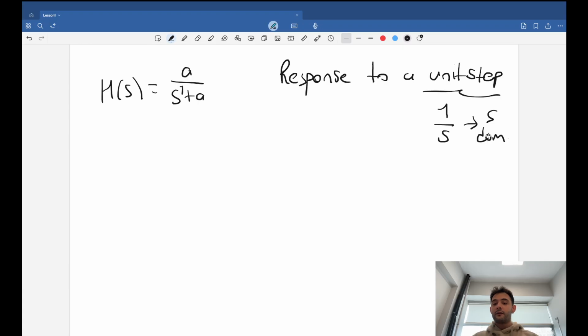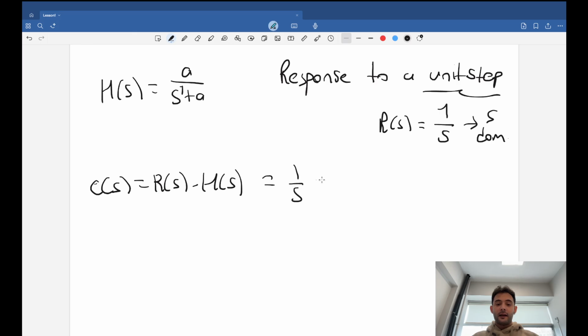We learned this in previous courses. So what we will do is, let's say C(s) equals R(s) times H(s). No need to write it, but I will write. This is R(s), the unit step, our input. So we will have 1 over s times a over s plus a.